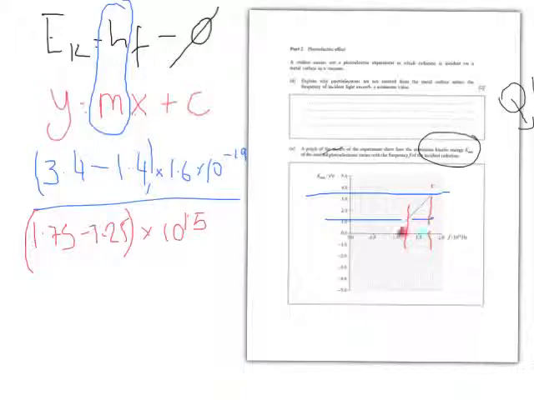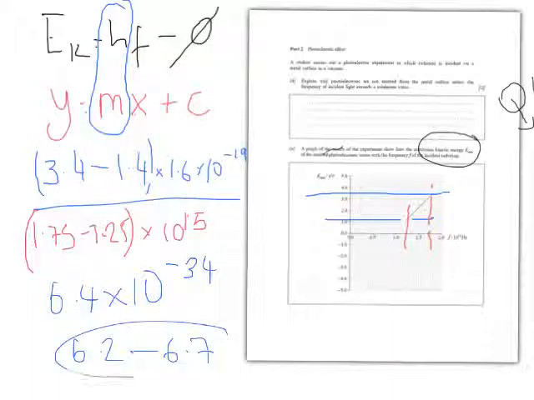And you divide it by the x-axis difference, which was approximately 1.75 minus 1.25. Again, the answer is about 6.4 times 10 to the minus 34, but anything between 6.2 and 6.7 is considered to be a good range.